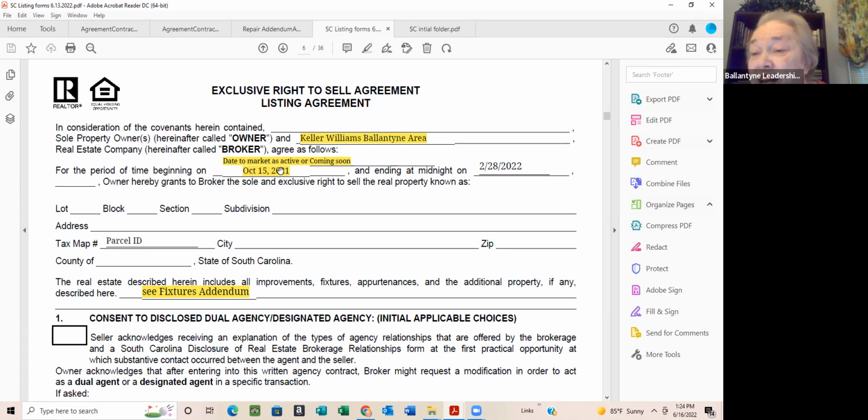So when you put it in the coming soon, no show category, it is not considered public marketing. Public marketing would be when you have a sign in the yard without a rider saying coming soon, or it would be that you put it on your website without the words coming soon. Then that becomes public marketing.